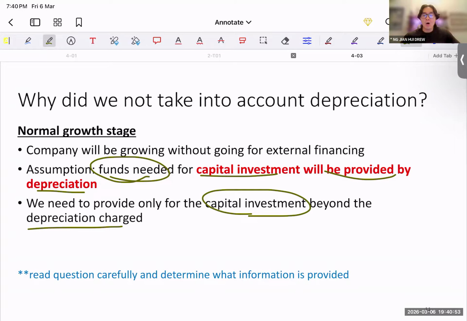Or they can give you a scenario where it's a high growth, and again it's the same concept. We need to provide capital investment that is beyond the depreciation charge, but the reason is slightly different, because that one is the fixed asset turnover that we discussed earlier.